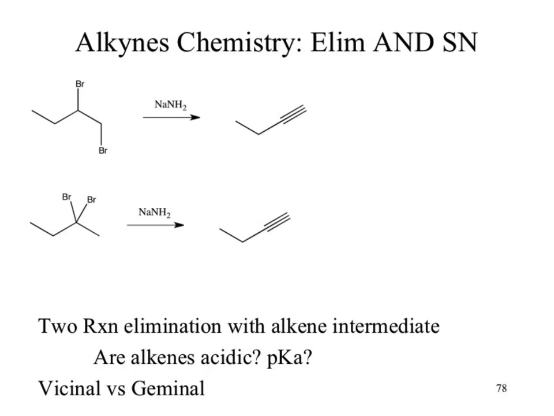But to do the triple bond, I have to do two eliminations, which means two hydrogens must be removed and two leaving groups. If I only have one leaving group, I can't make a triple bond. Most of the systems that we've looked at have only had one leaving group. That's why we ended at the alkene. Kind of make sense?